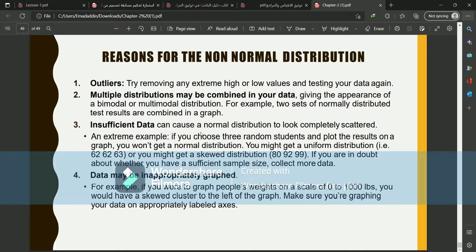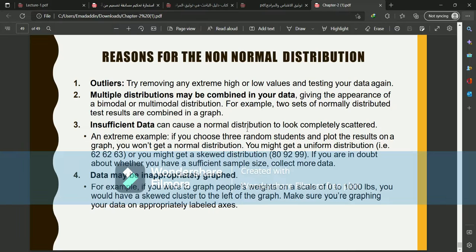Insufficient data can cause a normal distribution to look completely scattered. An extreme example: if you choose three random students and plot the results on a graph, you won't get a normal distribution. You might get a uniform distribution, for example 62, 62, 63. Or you might get a skewed distribution: 8, 80, 92, 99.